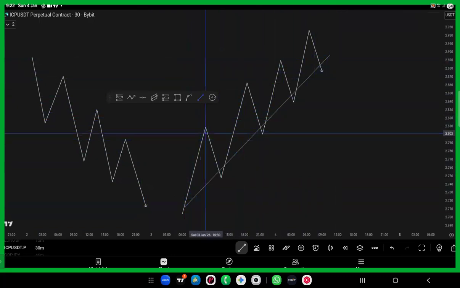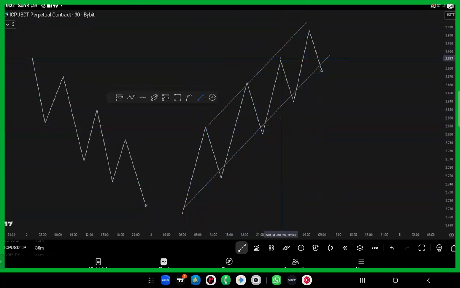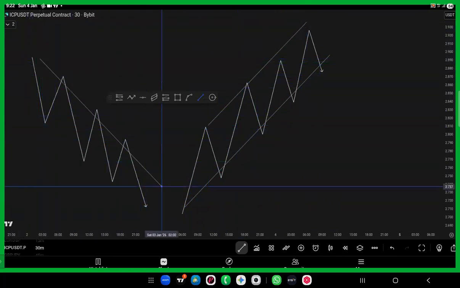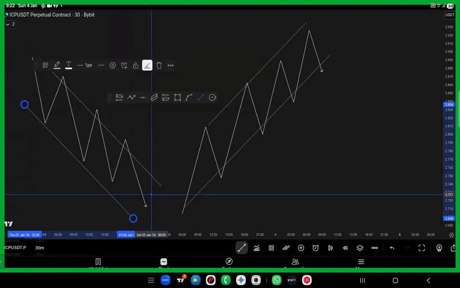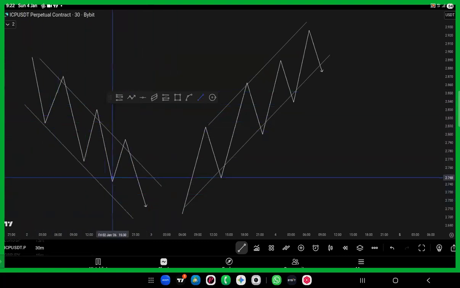When you put your two diagonal trend lines, which indicate trend, you can see that this is moving to the upside and this is our downtrend. So this is our normal trend in the market. Now the trendline liquidity does not differ from this.